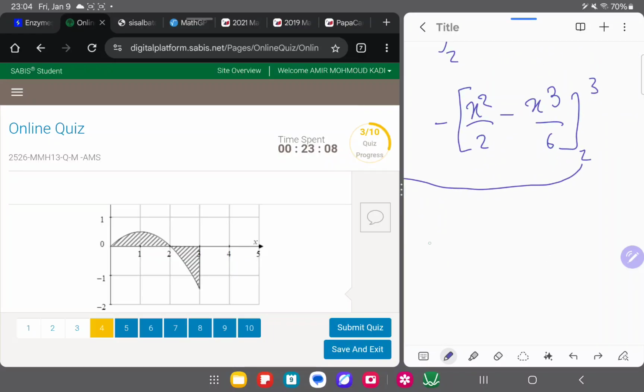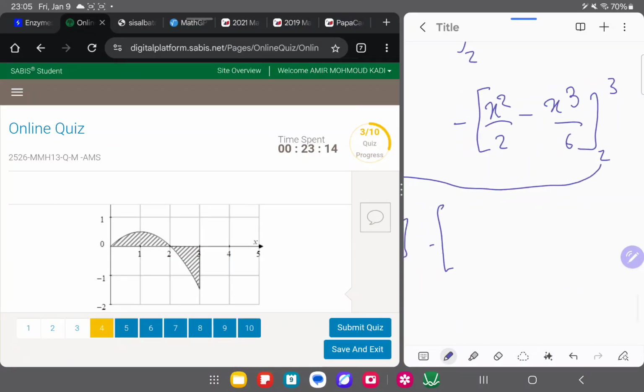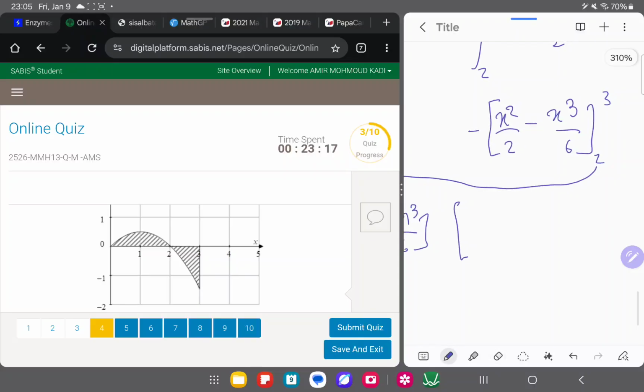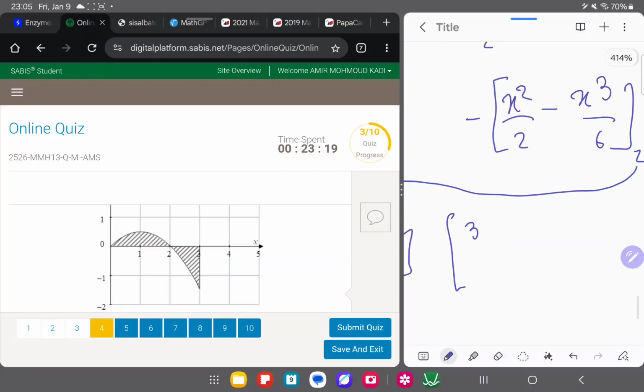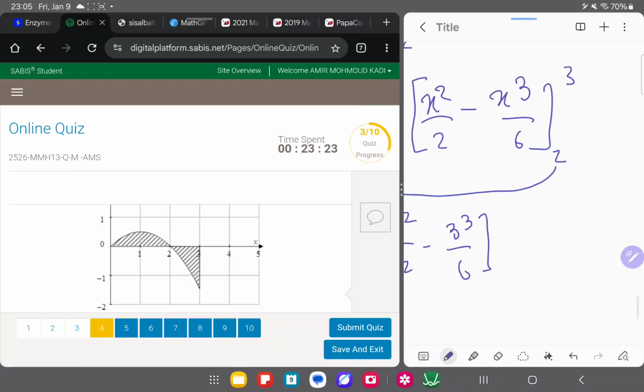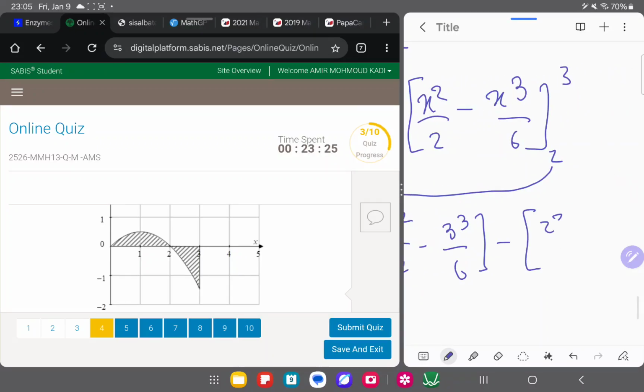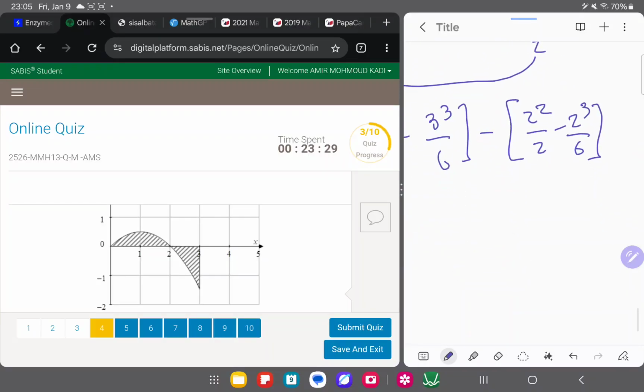Okay, we'll first plug in 3. Everything's minus, so we'll just go with the inside and then multiply everything by negative. So we'll substitute x with 3 first: 3 to the power of 2 over 2 minus 3 to the power of 3 over 6, minus 2 to the power of 2 over 2 minus 2 to the power of 3 over 6. This one is equal to 2 over 3.